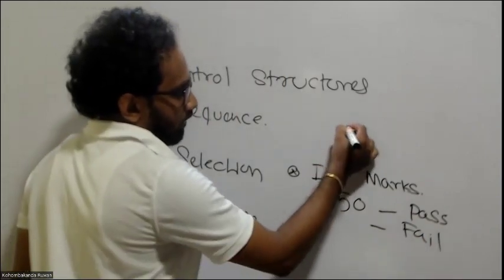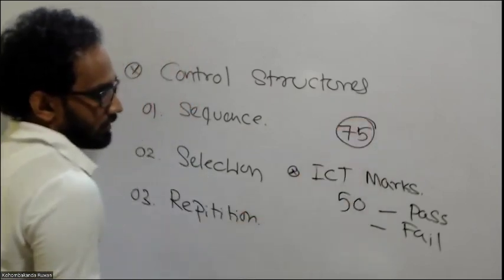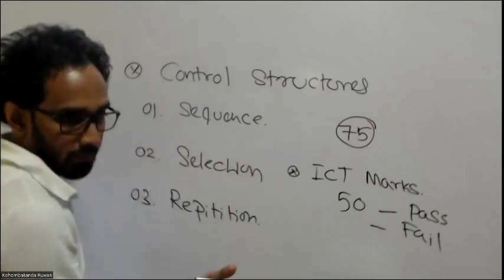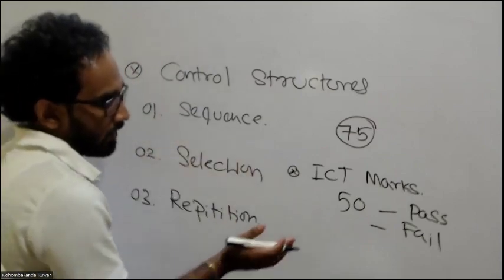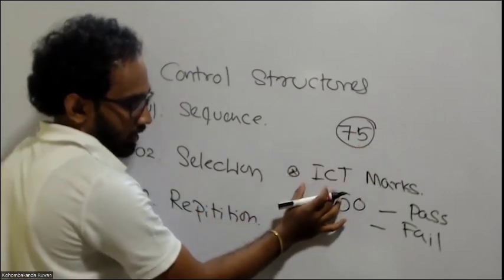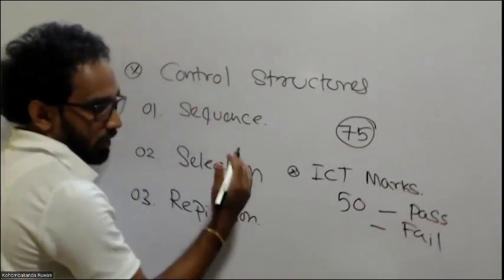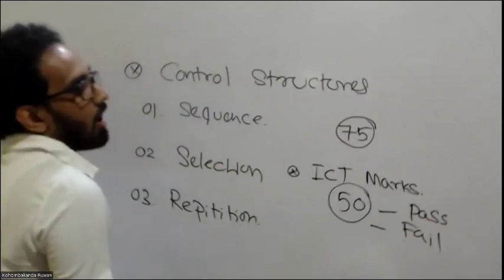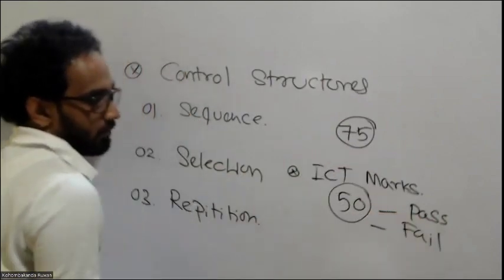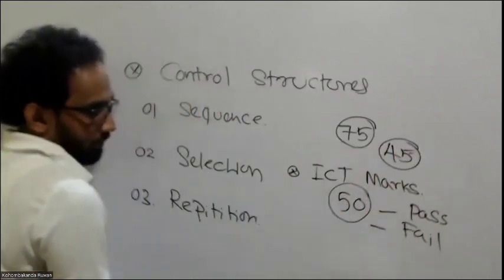Now tell me, the mark is 75. What is the answer here? Whether it's pass or fail? If you get 75 for the ICT subject, it is pass, because it is more than 50. If you get 45, then fail.